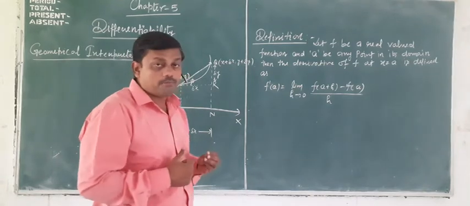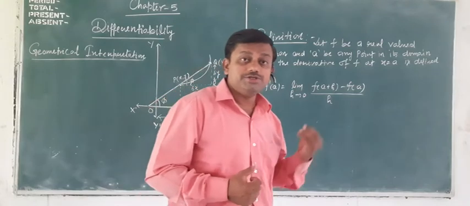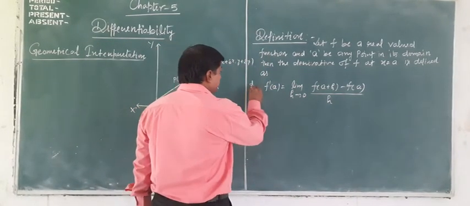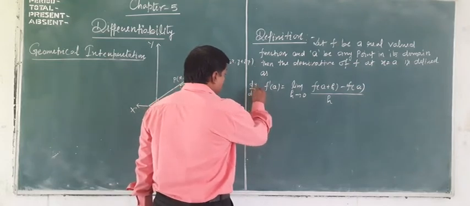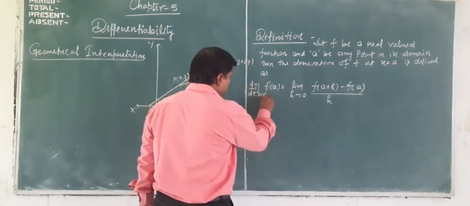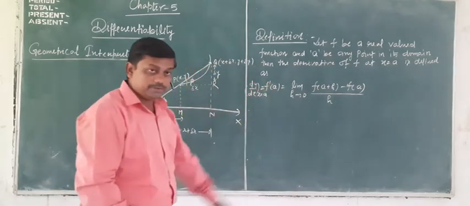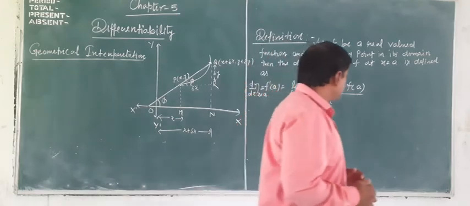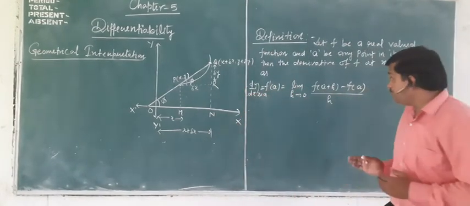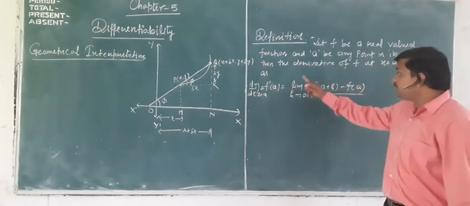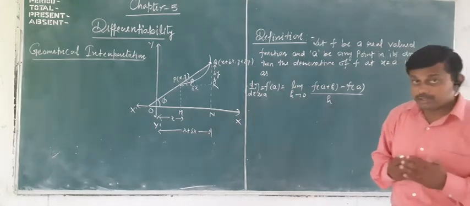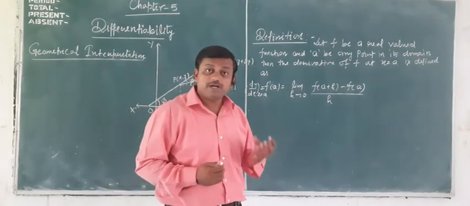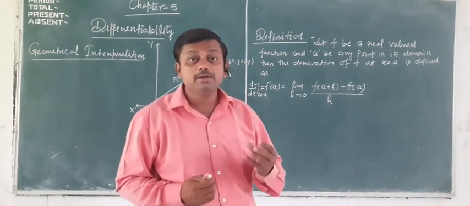Then the derivative of f at x equal to a is defined as f dash a, or d/dx of y at x equal to a, is defined as f dash a equal to limit h tending to 0 of f(a plus h) minus f(a) divided by h, provided this limit exists finitely. If this limit exists finitely, then the derivative of that function must exist at that point.